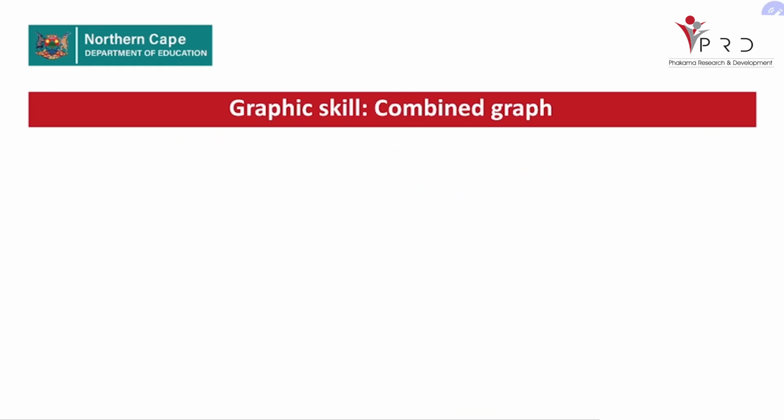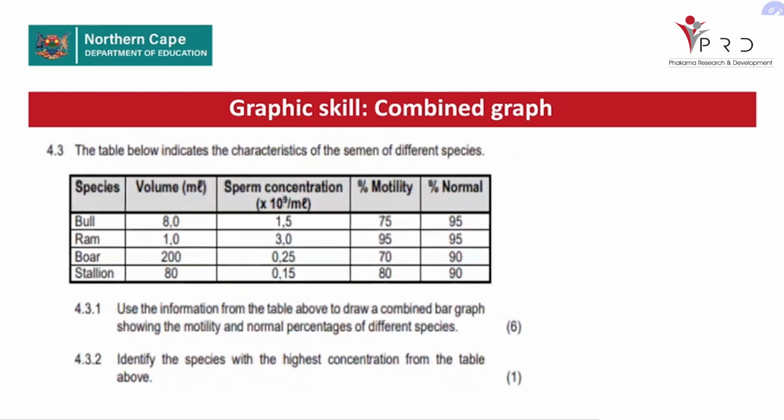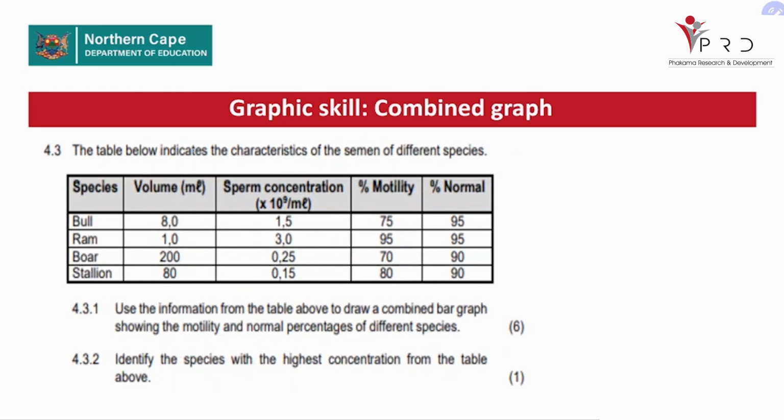Let's move on. Number 3. You are going to be assessed on graphic skills. On this skill, it is straightforward that your graph needs to be combined. You are given information that this table indicates the characteristics of semen of different species: the bull, the ram, the boar, and the stallion.